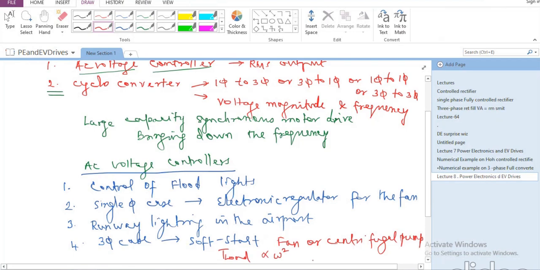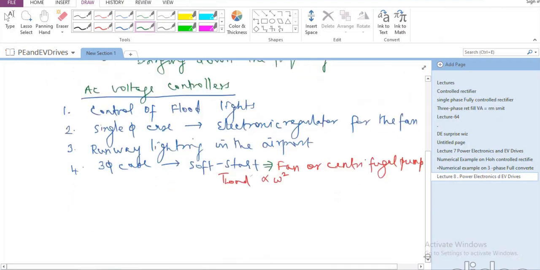So if we are going to have a low speed during starting, you would see normally that the demand of torque is also very small in the fan or centrifugal pump, because it depends upon how much of fluid or how much of air it is displacing. The higher the speed, the more will be the wind or fluid it is displacing. That is why generally the load torque is going to be proportional to speed square.